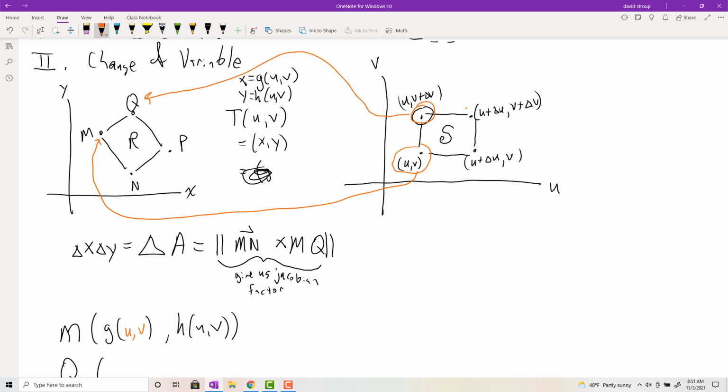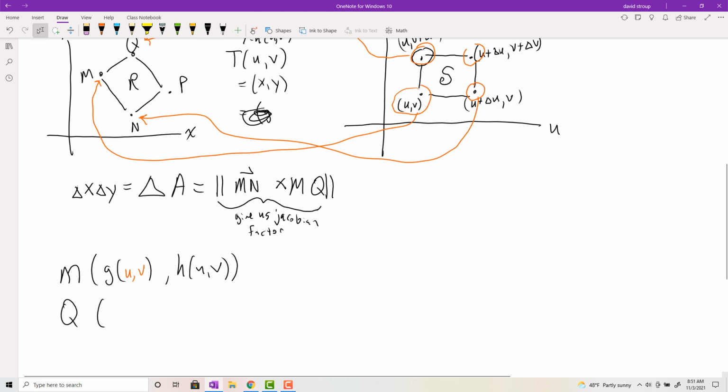I'm going to make this point my P, but I don't even really need it because I'm just looking for vectors. I'm just going to need N. Okay, so I'm going to make this N. I just need those points for the vectors.